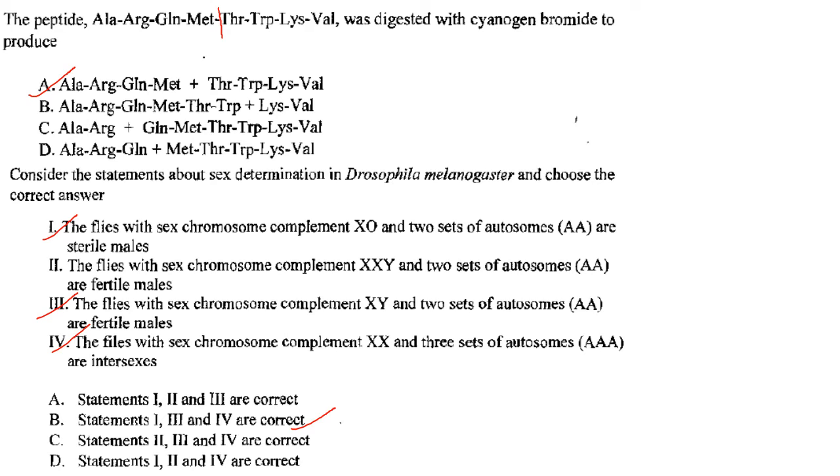They are normal females, so 2 is not correct. The fly with sex chromosome complement XY and 2 sets of autosomes are fertile males. 3 is also correct. And the fly with sex chromosome complement XX and 3 sets of autosomes are intersexes. 4 is also correct. So the answer is option B, that is statements 1, 3 and 4 are correct.